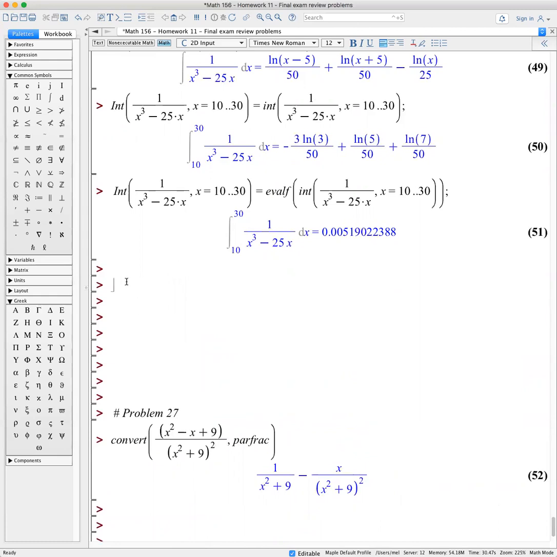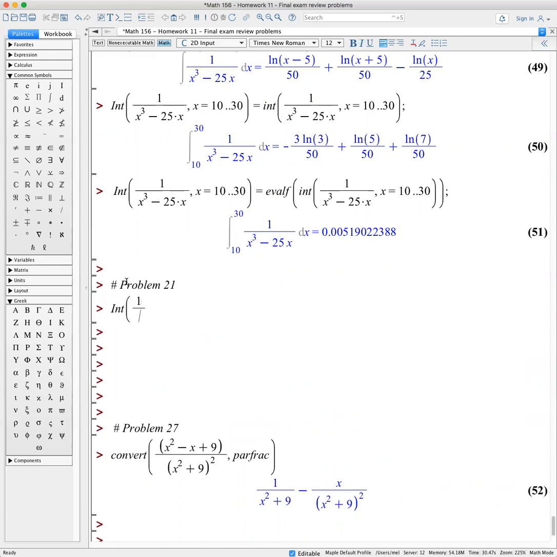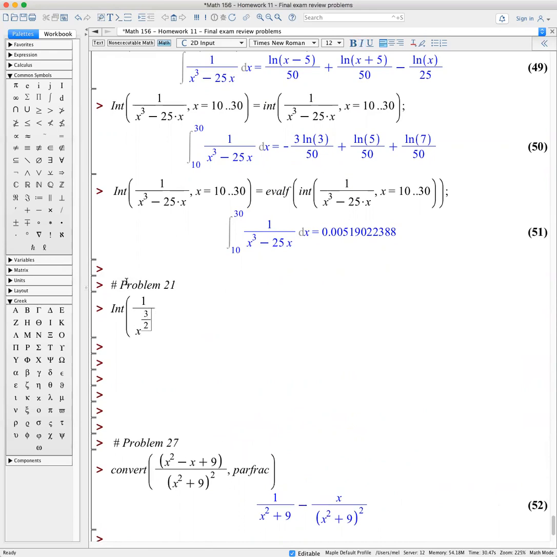In problem 21, we're computing some improper integrals. So we want the integral of 1 over x to the 3 halves as x goes from 1 dot dot infinity.